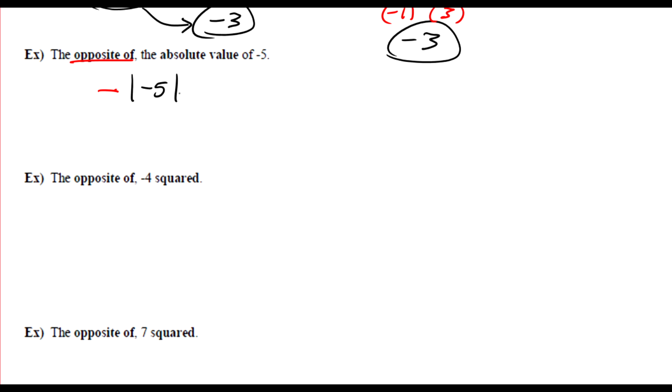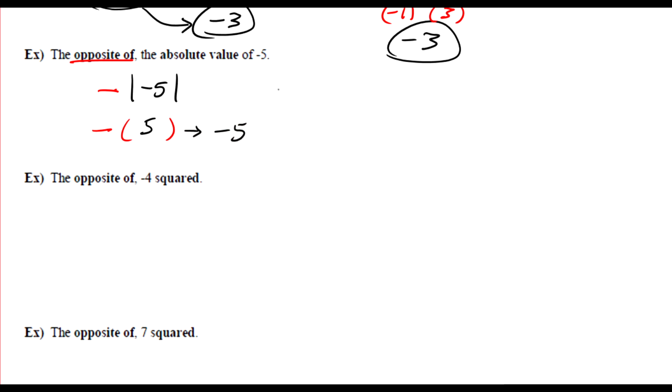So again, when we think about evaluating this, instead of taking the opposite of the absolute value of -5, well, the absolute value of -5 is 5, and the opposite of +5 is -5.